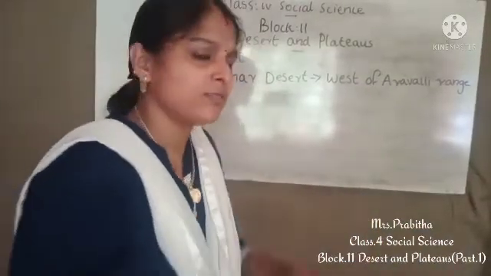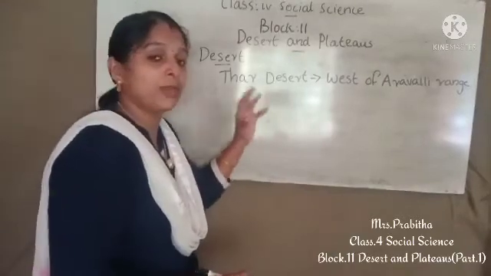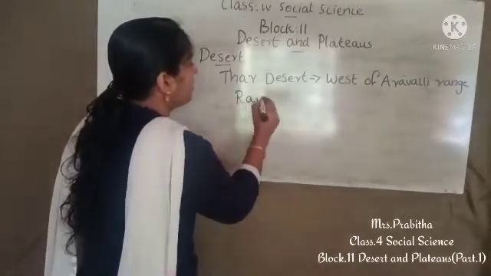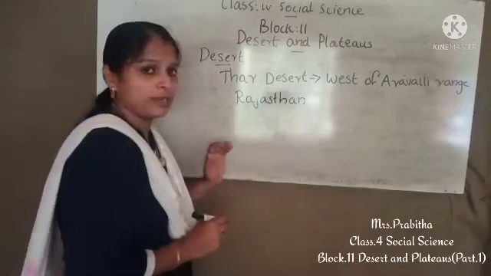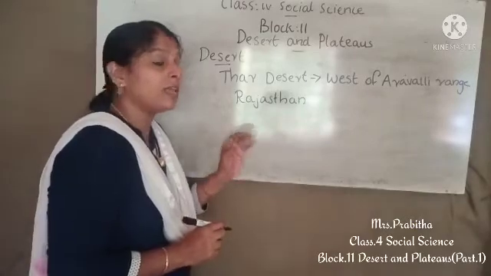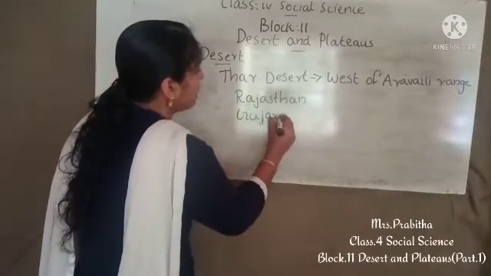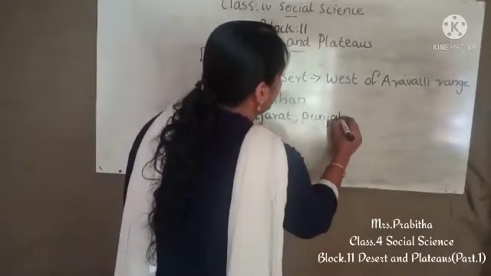Then which are the states this Thar Desert covers? Yes, this Thar Desert mainly spreads on Rajasthan, and some other states also. Some part of Gujarat, some part of Punjab and Haryana also.